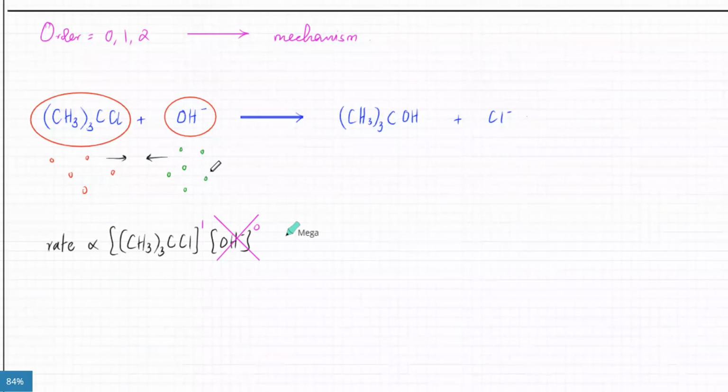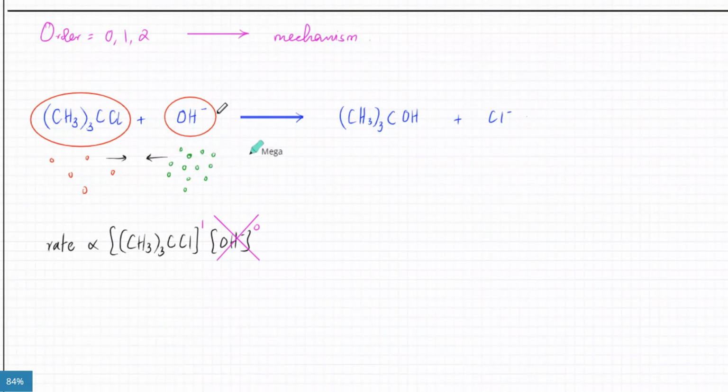It's not dependent on the concentration of the other reactant, because it's 0 order with respect to OH minus. So the question is, how could something be 0 order in the first place? If I increase the concentration of OH ions.